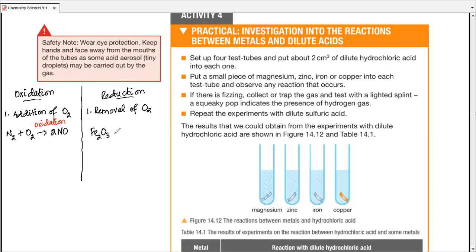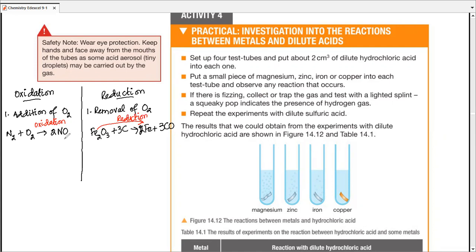Let's suppose iron has oxygen in it and it's in the form of its oxide, we react it with carbon and we get pure iron and then we get carbon monoxide. So iron previously had oxygen. We took oxygen out of iron, so we got pure iron after. So this would be a reduction reaction, right? So in this case, I'm specifying that this case of iron oxide to iron would be a reduction reaction, okay?